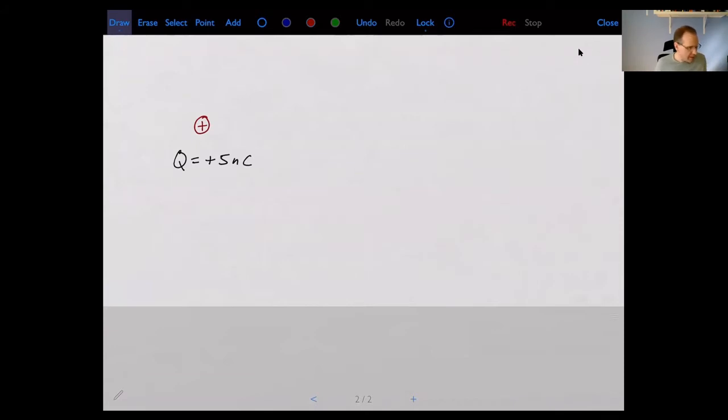So 5 times 10 to the negative ninth coulombs, 5 nanocoulombs. And I want to calculate the electric field at some location, let's say right here. And let's say that this distance from the charge to the location where I want to calculate the electric field is 4 meters. So in this case, R is 4 meters.